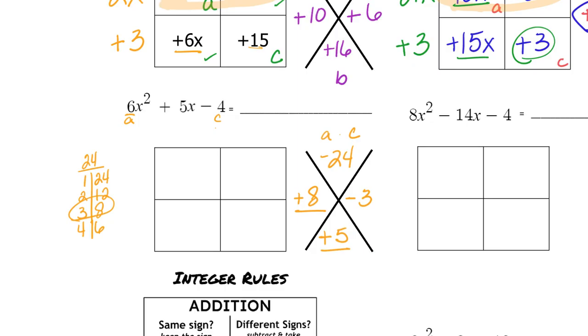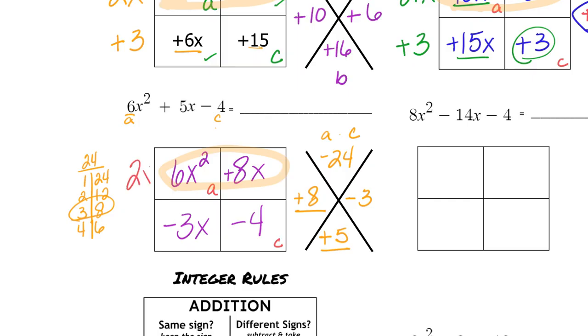So now I can fill in all the things. So again, A is here, C is here. So 6x squared minus 4, and then the two terms that I created. All right, back to finding our greatest common factor here. Once again, coincidentally, it ends up being a 2x. I think it's a coincidence in this case.